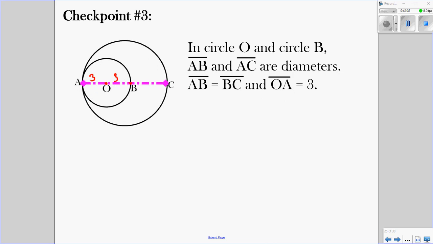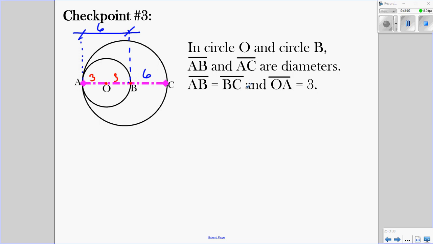So if I can try to show that. So this part is equal to 6. So if they tell me that AB, which is 6, is equal to BC, then that means this is also 6. So that means the whole diameter of this circle is 12.